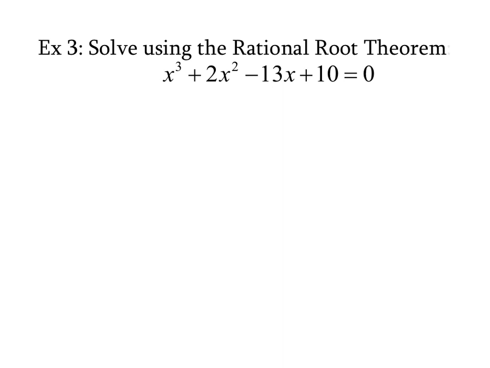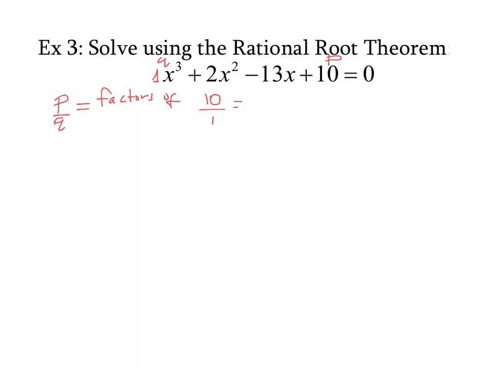So the first thing is write all the possible zeros. So remember, this is P, this is Q, which is 1. So I have P over Q, which I'm going to get by getting the factors. So factors of 10, which is P, over factors of 1.